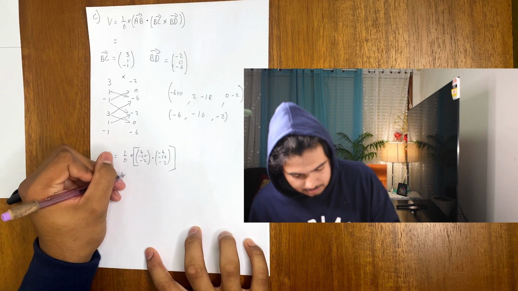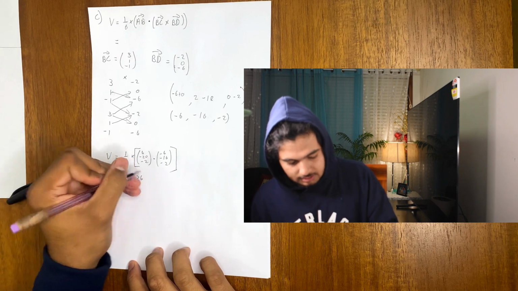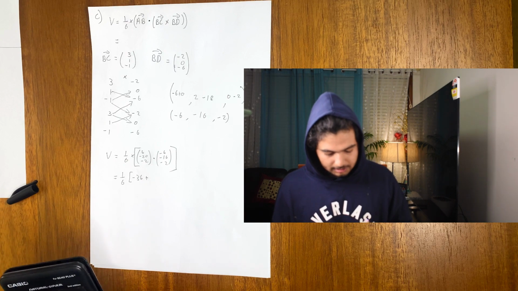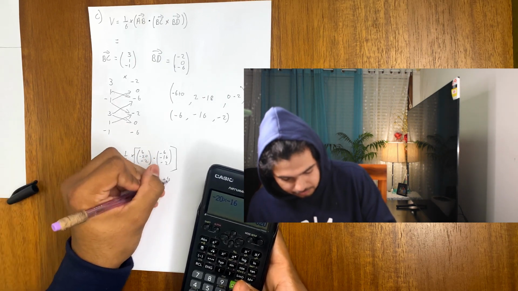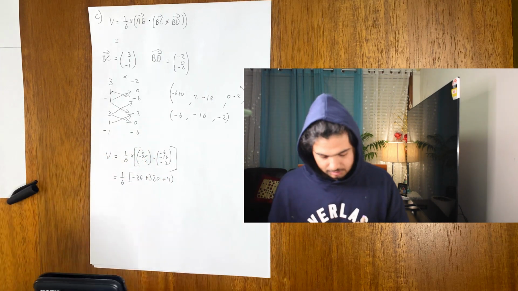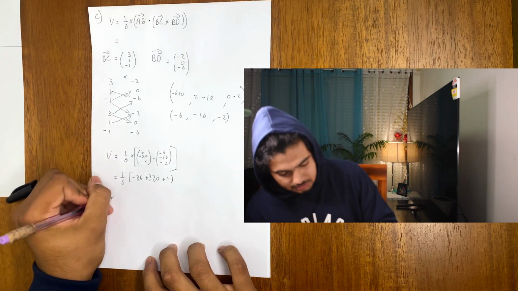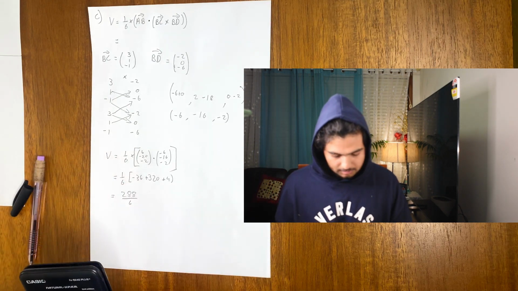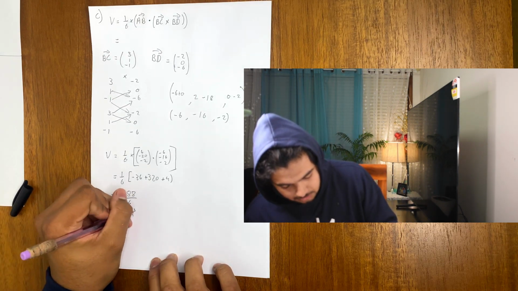So 6 multiplied by negative 6 is negative 36, plus negative 20 multiplied by negative 16, which is 320, plus 4. So negative 36 plus 324, we get 288 upon 6. That gives 48. Volume is 48 units cubed.